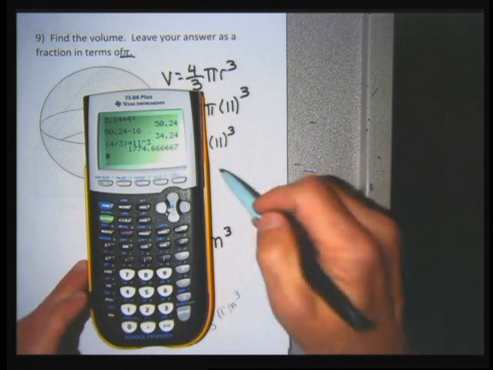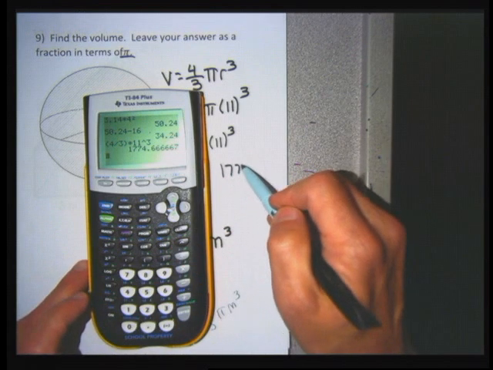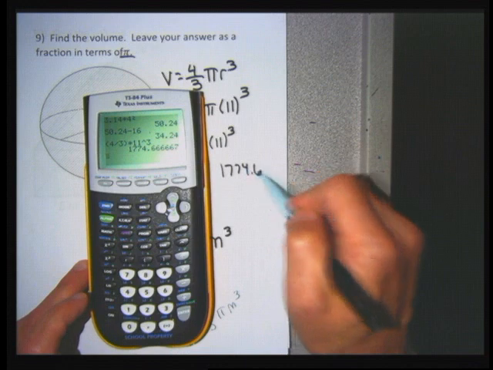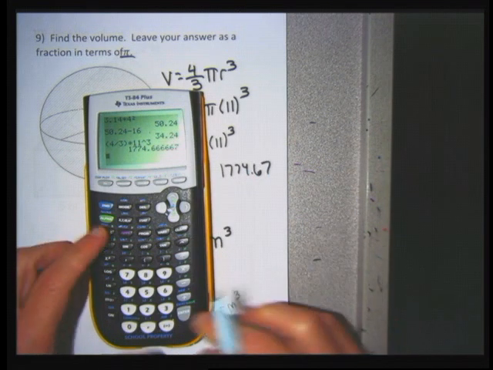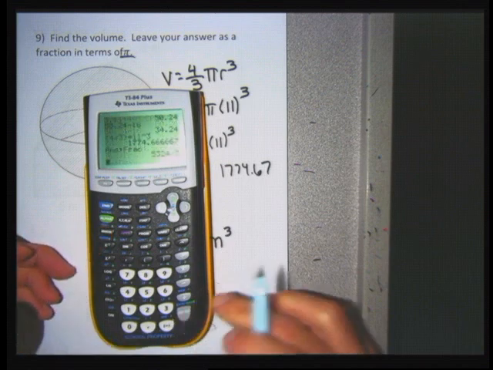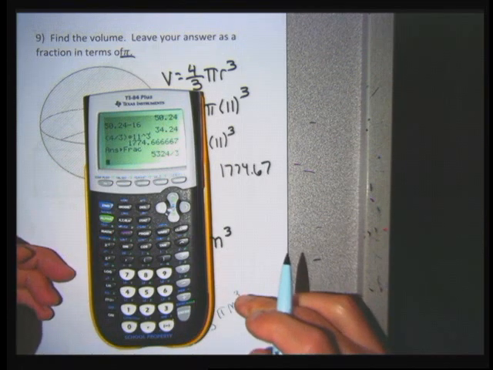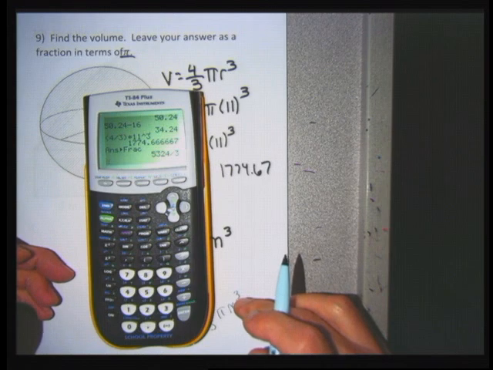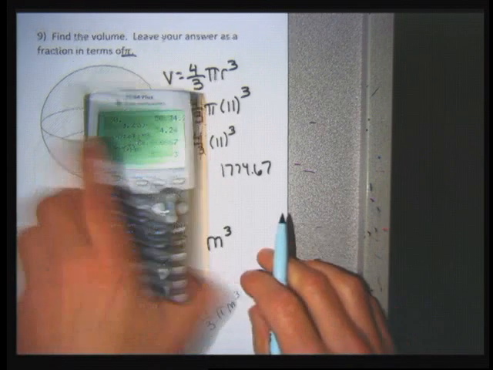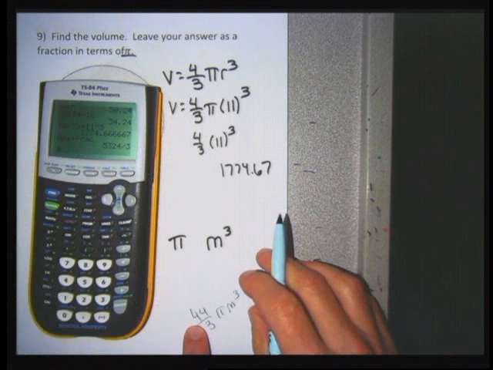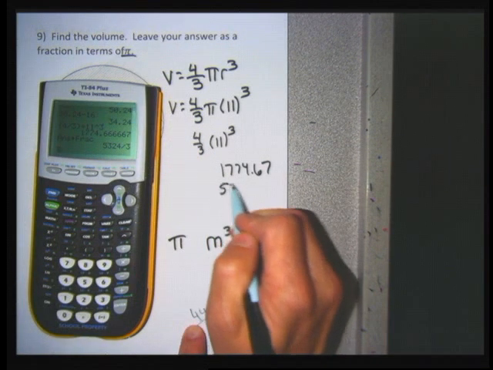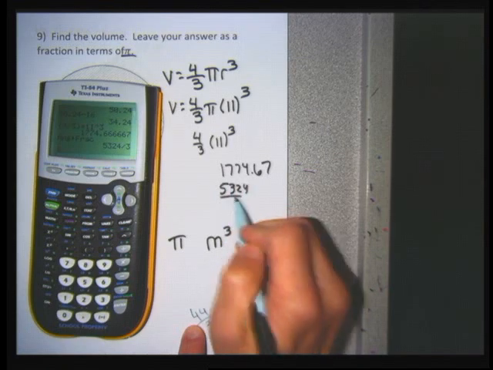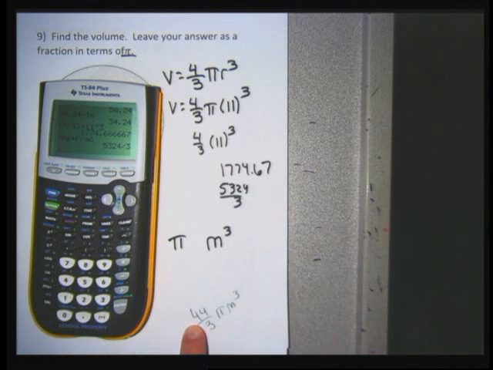If I wrote 1774.67 rounded to 2 decimals, I'd live with that, but hitting math and enter twice, making that into the fraction, 5,324 over 3 would seem better. Not the answer that I have at all down here. That's interesting. 5,324 over 3. That makes sense.